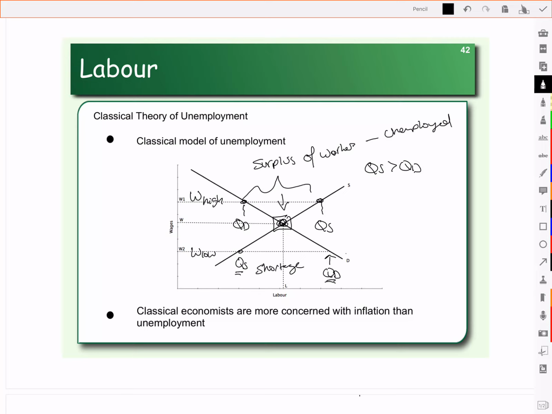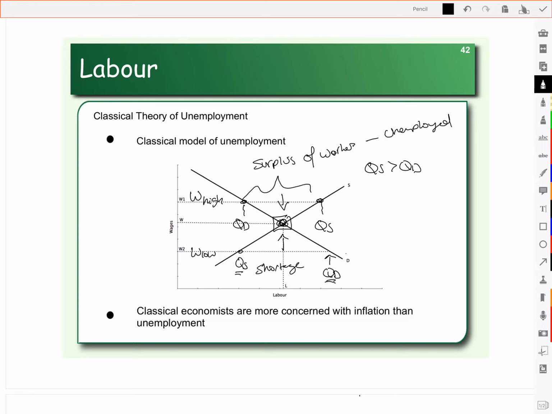Well, if you can't find enough workers, how do you keep the good ones? You've got to pay them more. And so if there's a shortage of workers, it drives up the price until we end up back at equilibrium. So when we talk about high unemployment, it's because wages are too high. And if unemployment has fallen below the full employment rate, then it's because wages are too low.